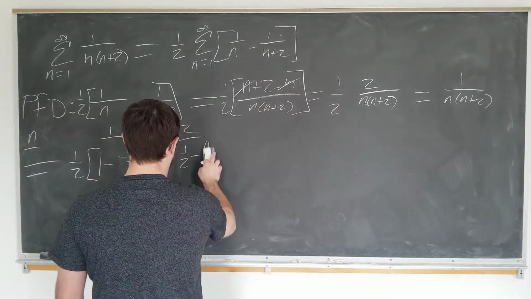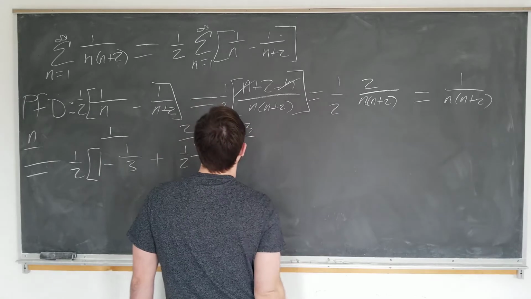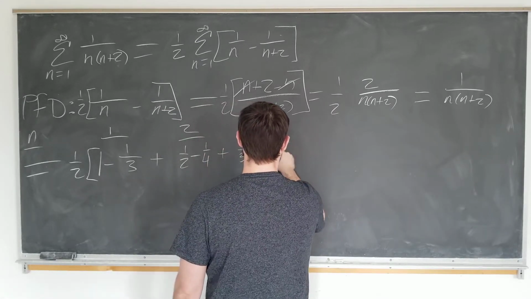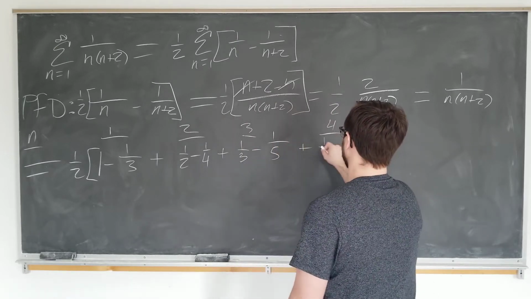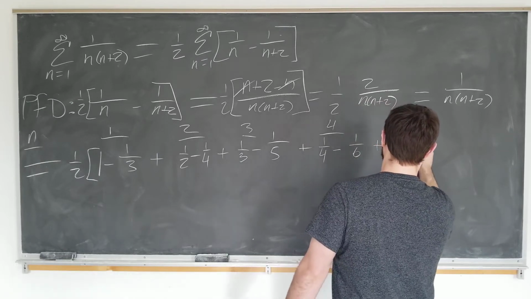Sorry, 4 goes on the bottom. Plus the third term, we're going to have 1/3 minus 1 over 3 plus 2, which is 5, plus the fourth term, we're going to have 1 over 4 minus 1 over 4 plus 2, which is 6. And this continues on indefinitely.